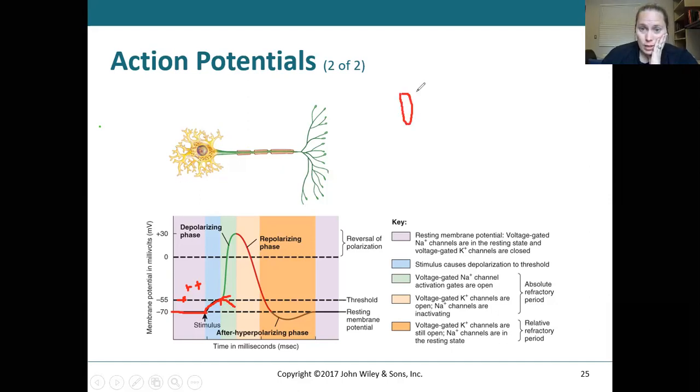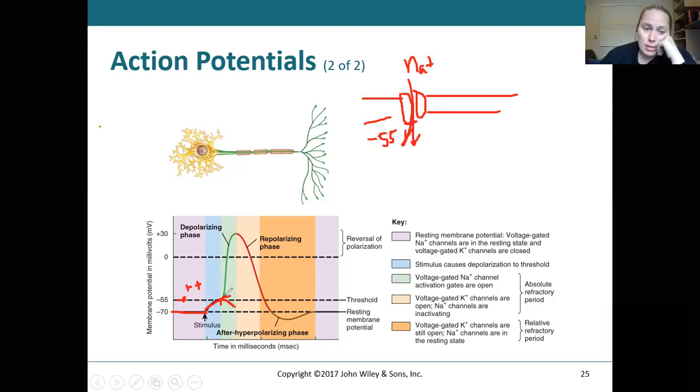So again, if this was a cell membrane, and this is a channel, and it is voltage gated, meaning that once it hits minus 55, you're going to have a ton of sodium fluxing into the cell. So once minus 55 hits, that gate swings open and you've got sodium coming in. That's what makes this far more positive here. So voltage gated sodium channels open and you've got this depolarizing phase.